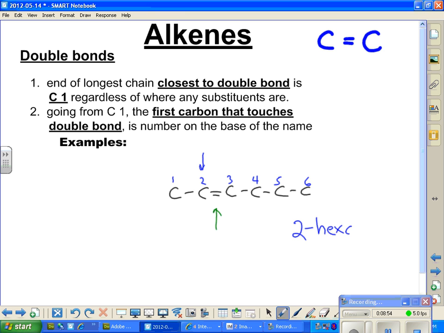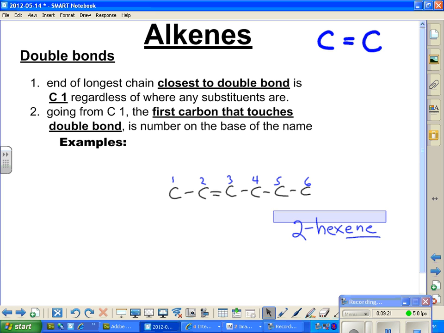We would normally write it hexane, but this isn't going to fly with this guy because this is now hexene. So the ene ending is what we have every time that we get a double bond involved in the act here.